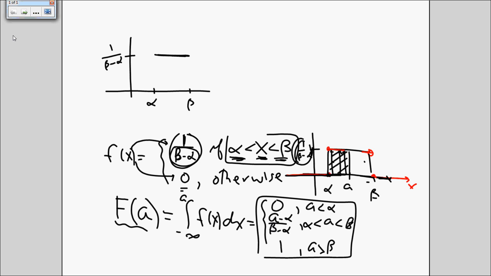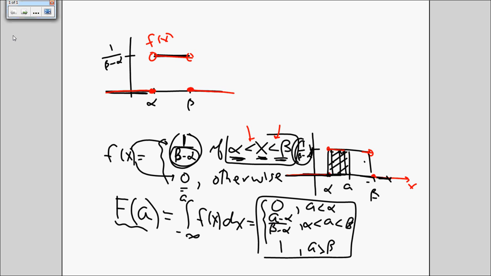It looks like this between alpha and beta. Otherwise, it's 0. It doesn't say it can equal alpha or beta, hence the open circles, and otherwise includes alpha and beta. This whole thing is f of x.